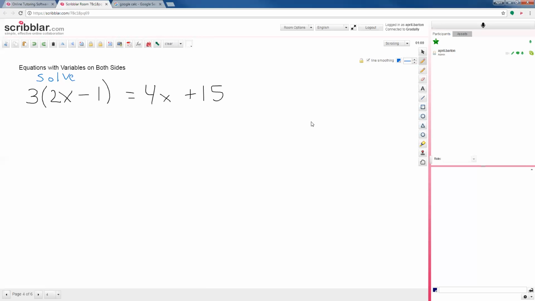So to solve, we're going to still need to check for any distribution or combine like terms. These steps may or may not need to happen. Distribute. But you should always check for them as you go through combine like terms.